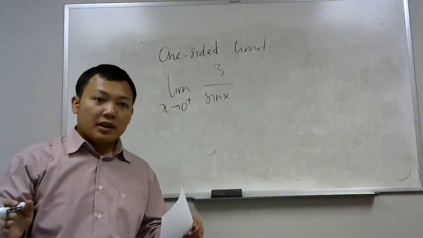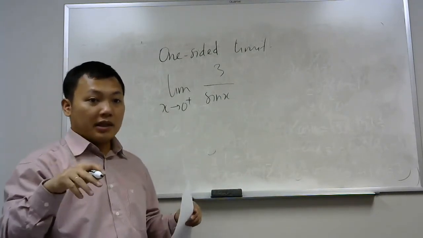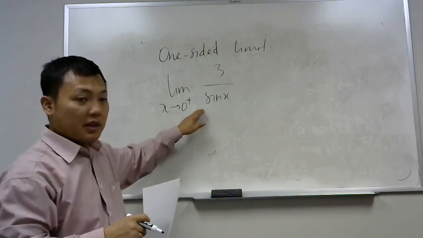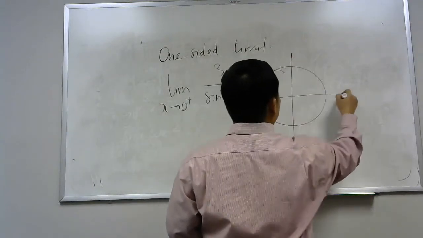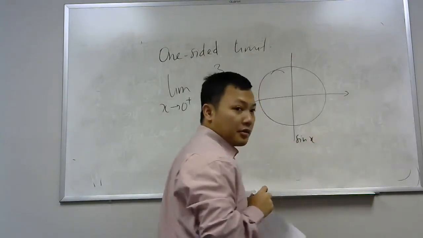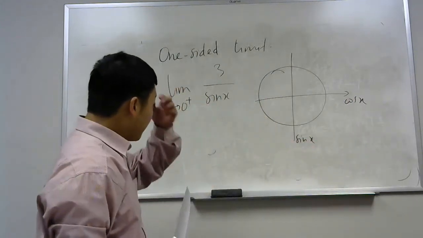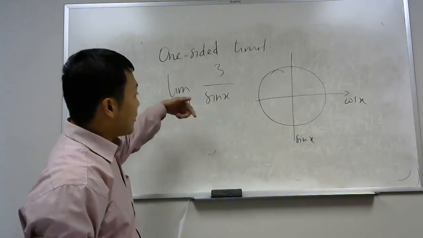So when we study this topic, we talk about the unit circle. Let's remind that one more time, right? How to use the unit circle to find limits. So the unit circle says this is sine, this is cosine. We need to consider the limit when x approaches 0 from the right.